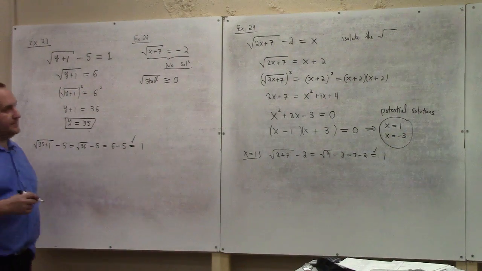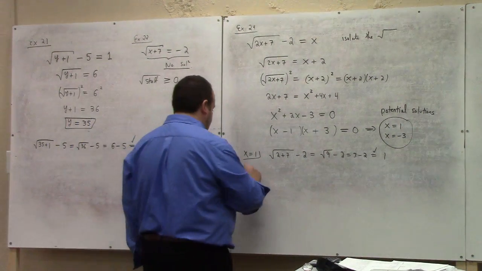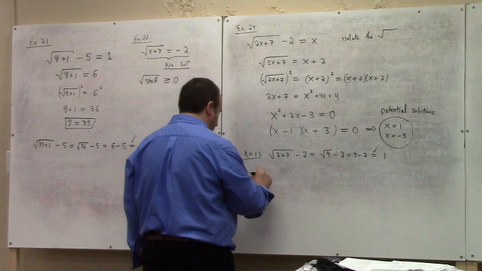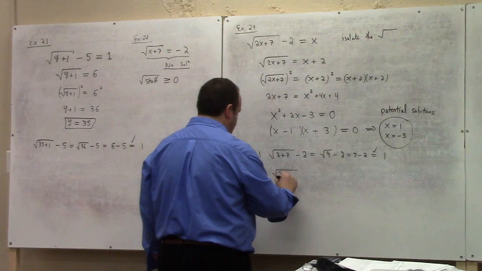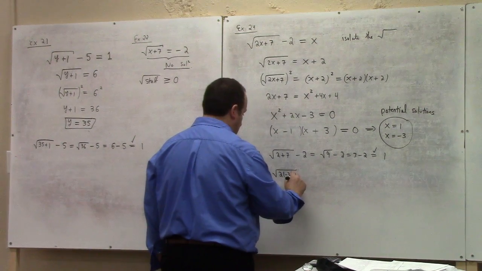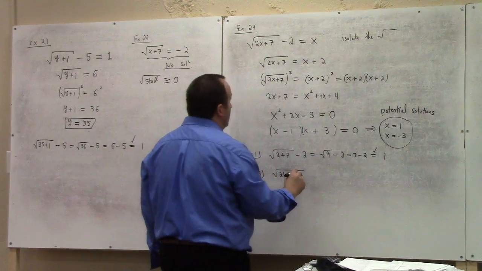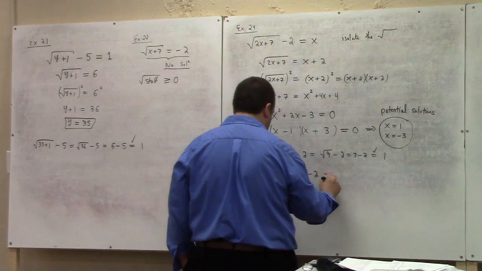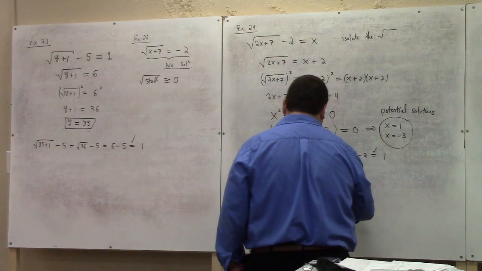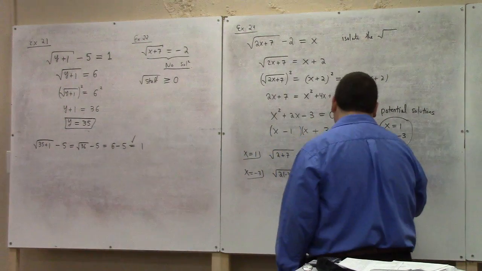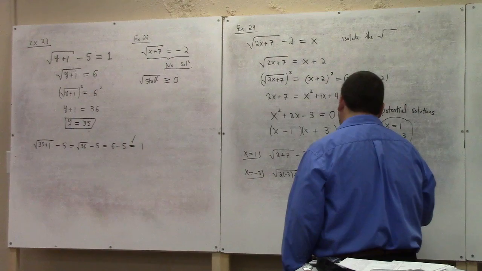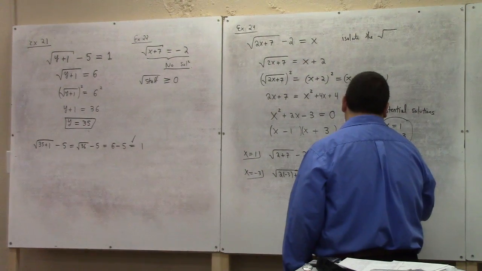How about x equals minus 3? So we got the square root of 2 times minus 3 plus 7 minus 2, which is the square root of 1 minus 2, right? Which is minus 1, right? And is minus 1 equal to minus 3?